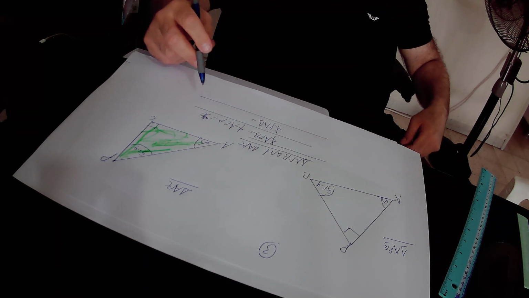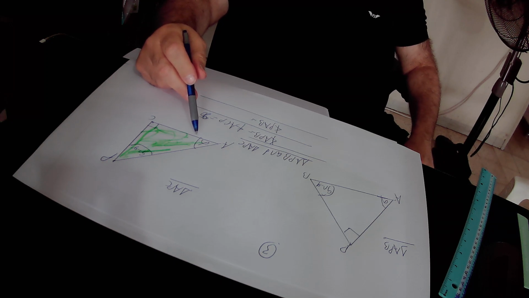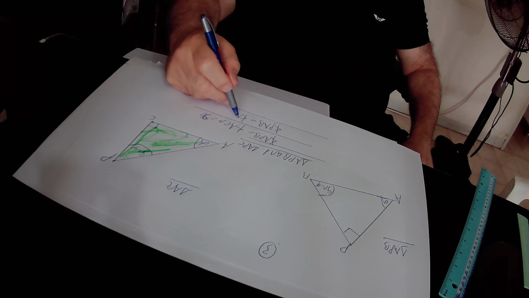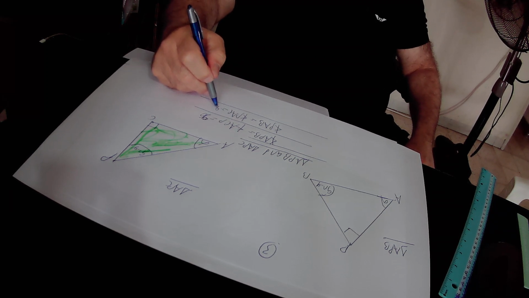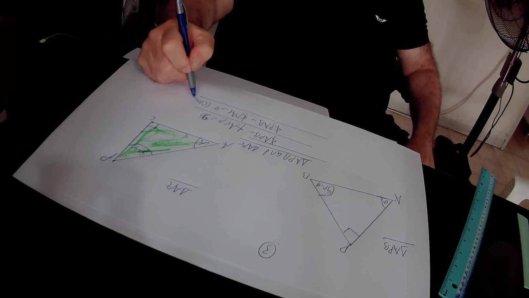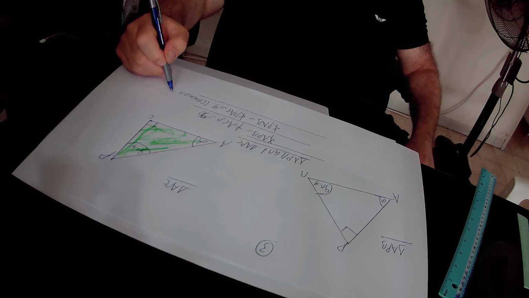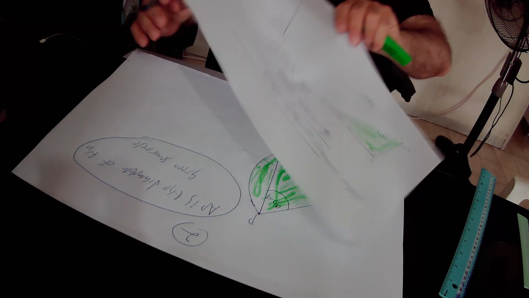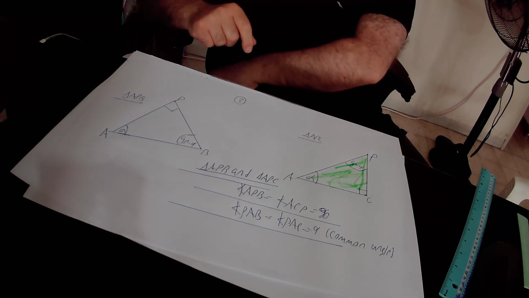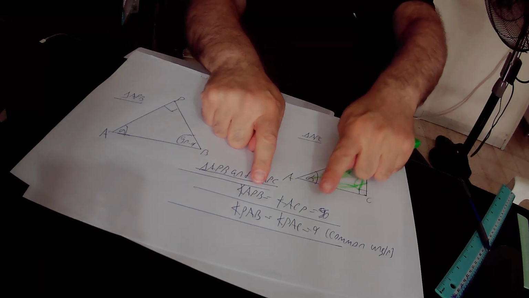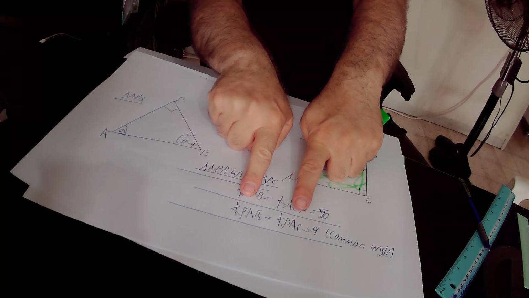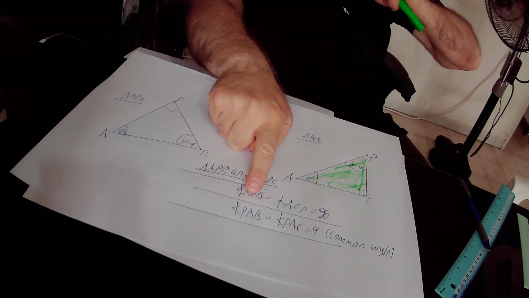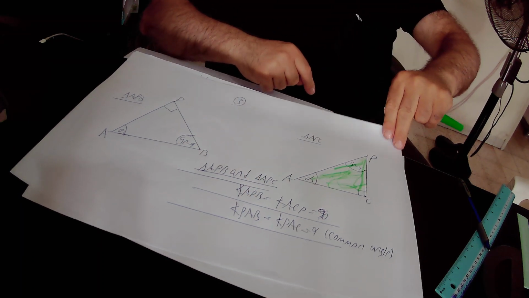If we relate to angle alpha as it belongs to this green triangle, it will be defined as angle PAC. Repeat again: this equation means that angle alpha equals itself. We just call angle alpha by two different names. Angle alpha equals itself as a common angle that belongs to both triangles.